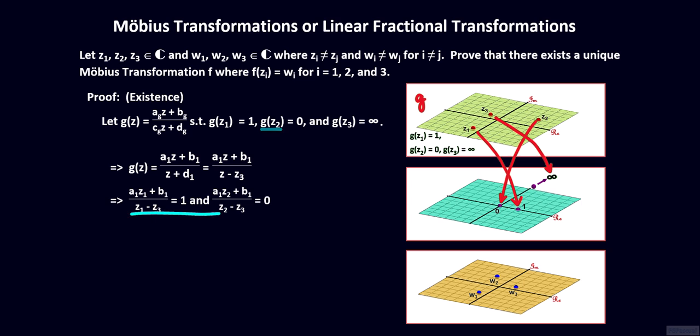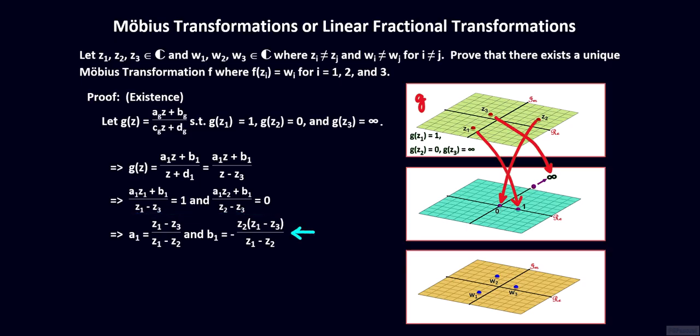We solve these equations simultaneously for a1 and b1. We get a1 equals (z1 - z3) divided by (z1 - z2), and b1 equals minus z2 times (z1 - z3) divided by (z1 - z2).